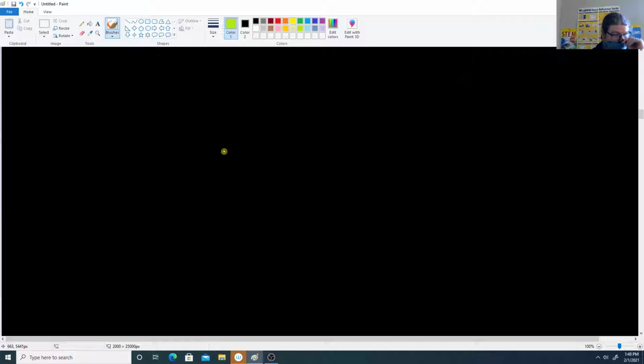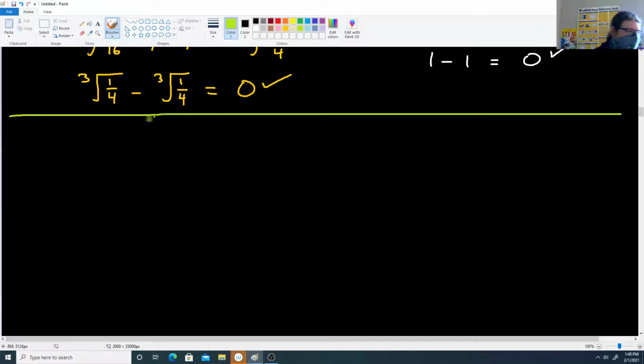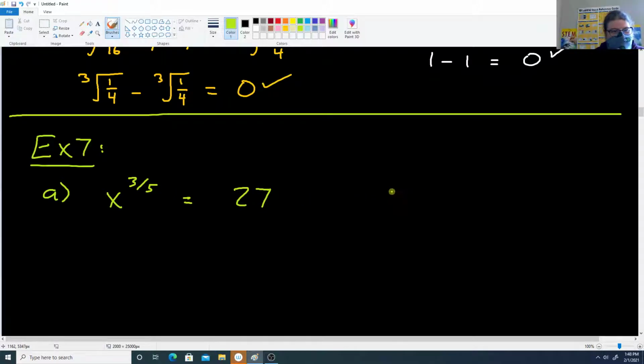Okay, so now we've got a couple more to look at. We've got part A here: x to the 3/5 equals 27. And part B: x minus 4 to the 2/3 power equals 16.